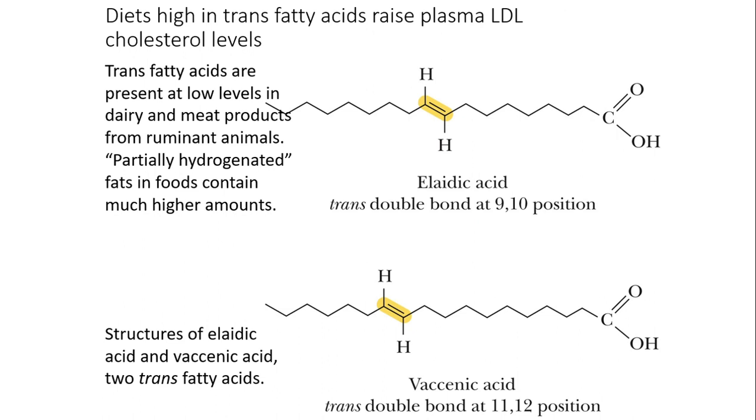We're very aware these days of good fat, good cholesterol, bad cholesterol. As trans fatty acids have increased in our diets, it increases the plasma level of LDL, the bad cholesterol, and decreases the levels of HDL, or the good cholesterol.